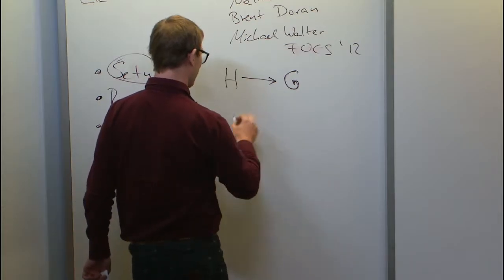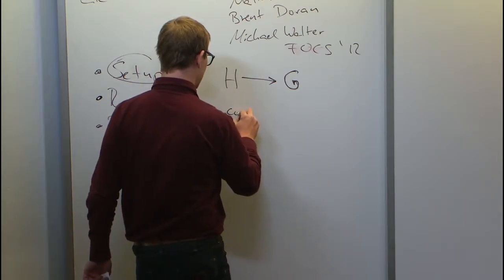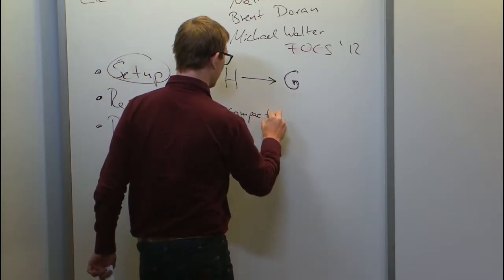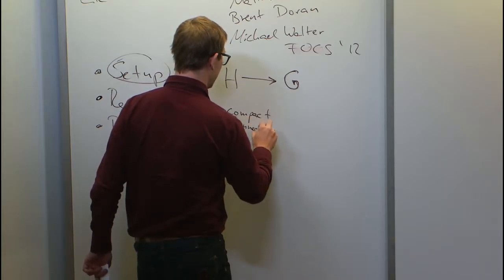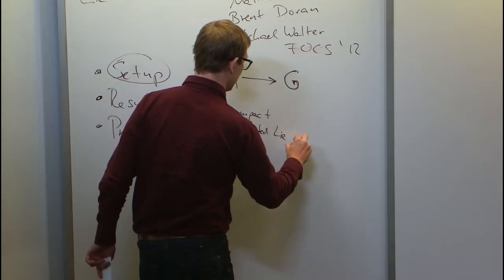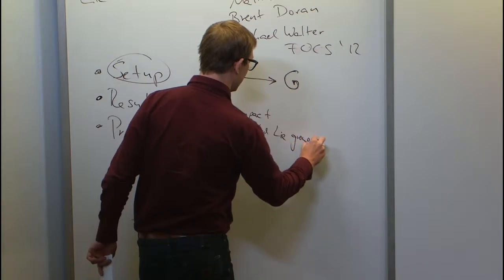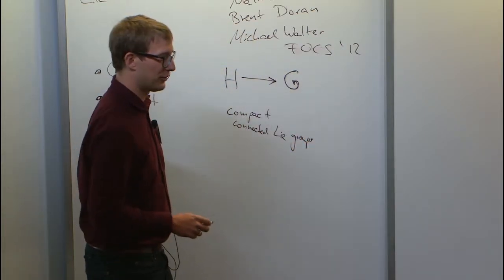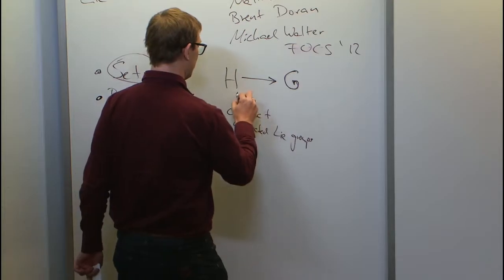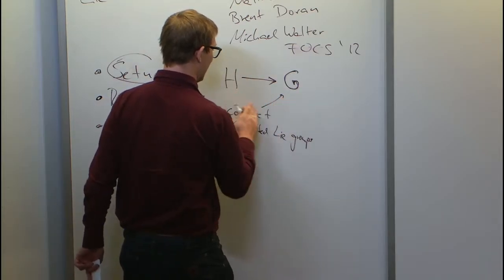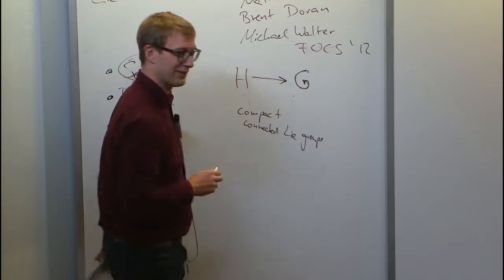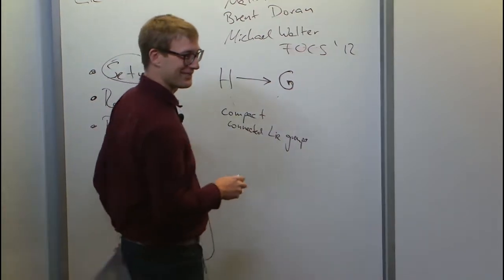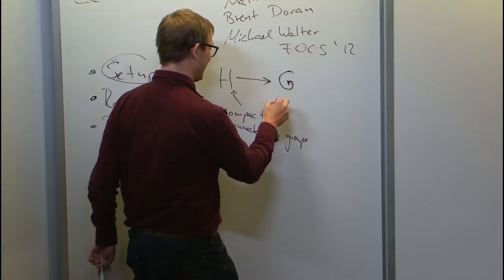These are compact connected Lie groups. Just think of any sort of unitary group you have in mind. That will do for this talk. I'm not an expert on Lie group theory, so I will try to stick to the unitary group. Make it easy for all of us.